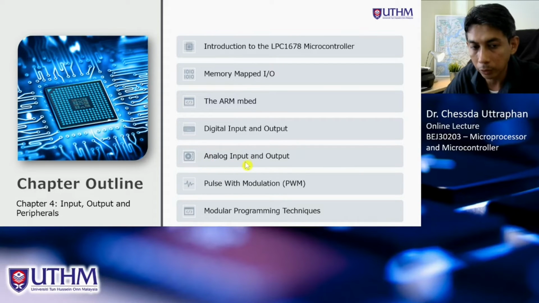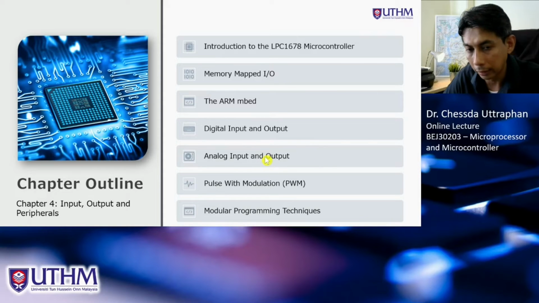So we will learn how to read the analog input and how to convert that analog input into a digital value, and also we will learn how to output analog voltage from digital data. For example, we have digital data, we want to create the analog or change it to an analog representation.